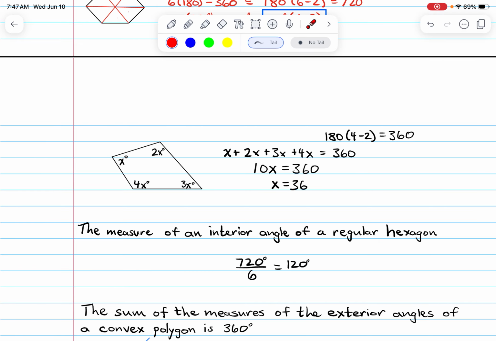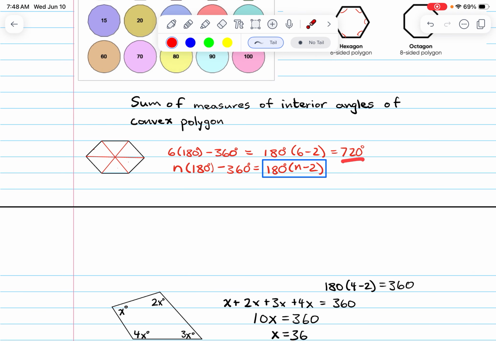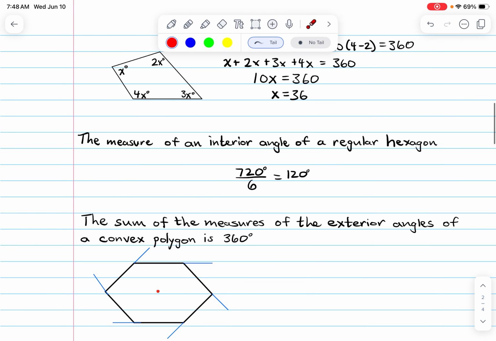Now, if I want the measure of an interior angle of a regular hexagon, well, I know that a hexagon, and we've already found this, is 720. And I want to know, what is the measure of one of those angles?